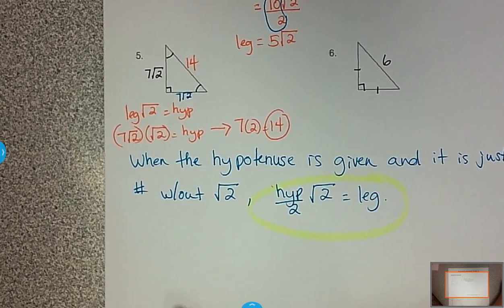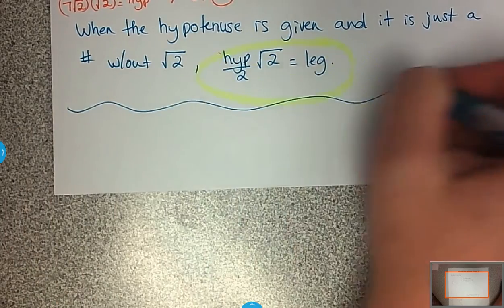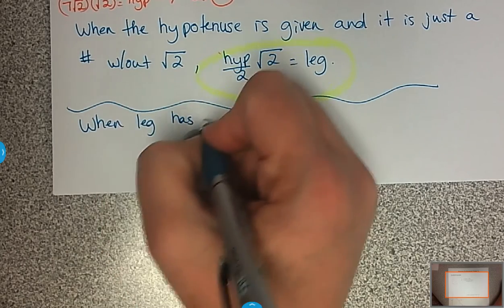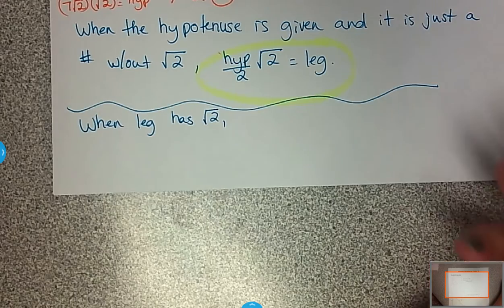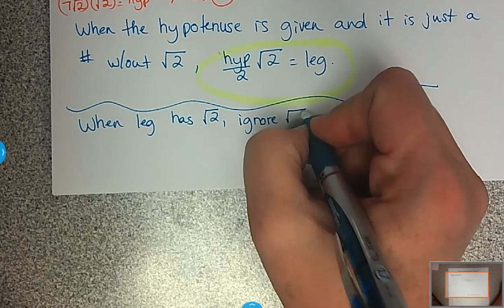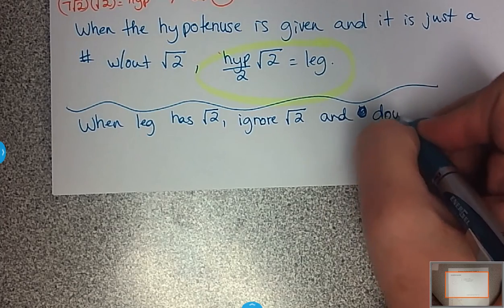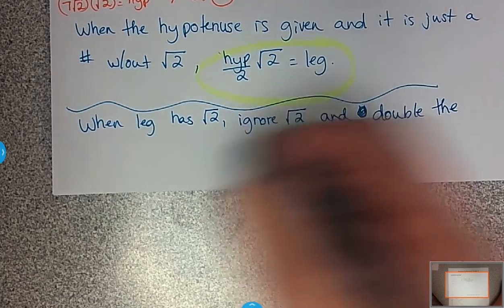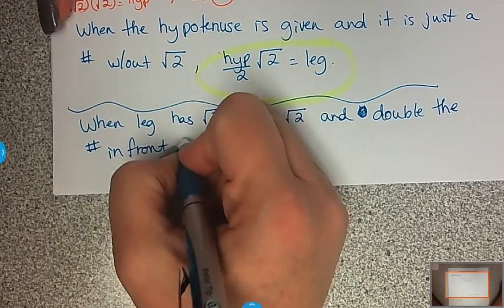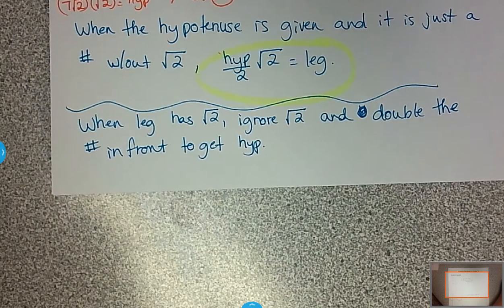So here's my shortcut for that. When the leg has a square root of 2, we're going to ignore the square root of 2 and double the number in front to get the hypotenuse.